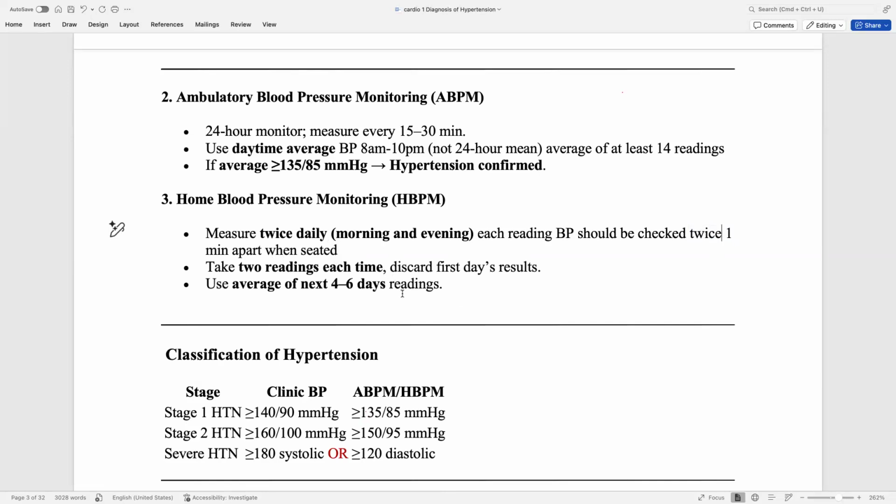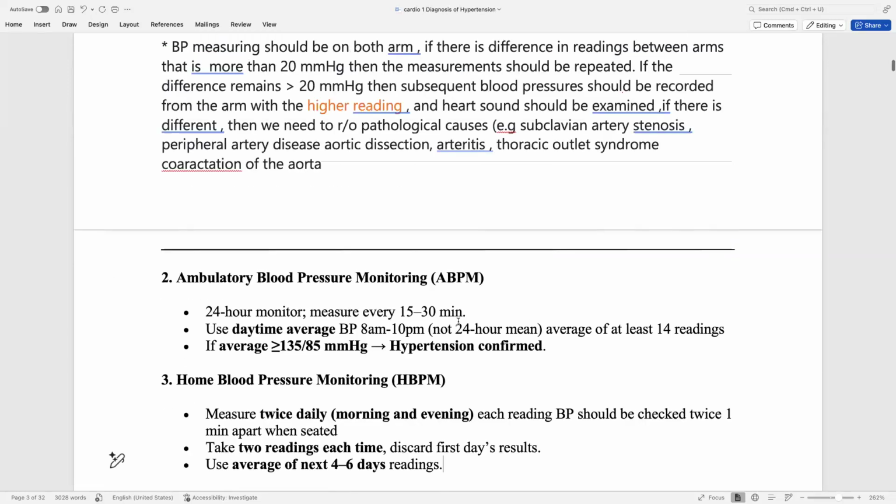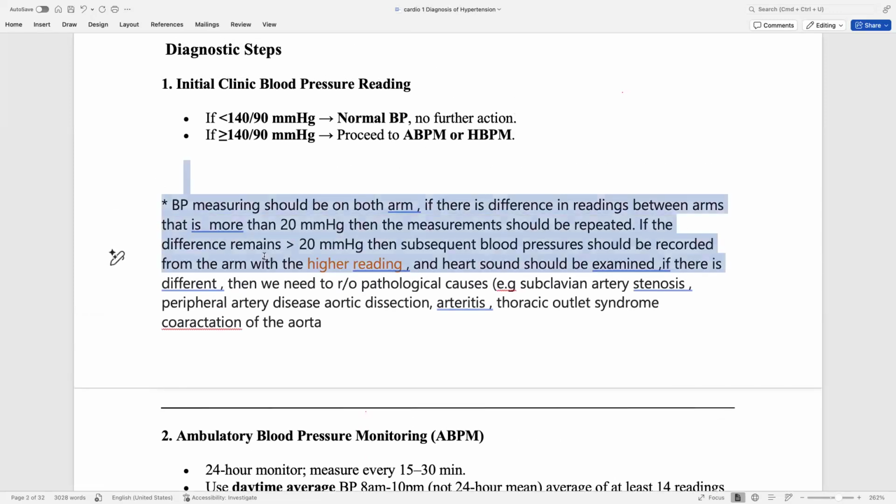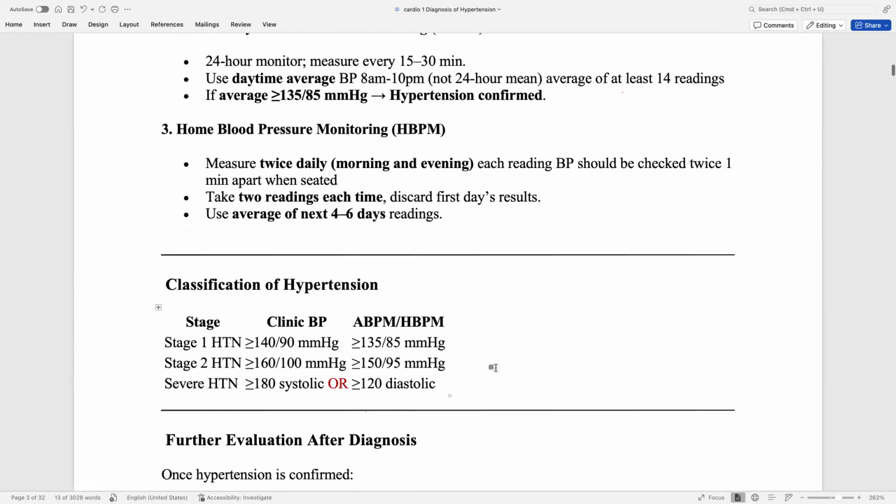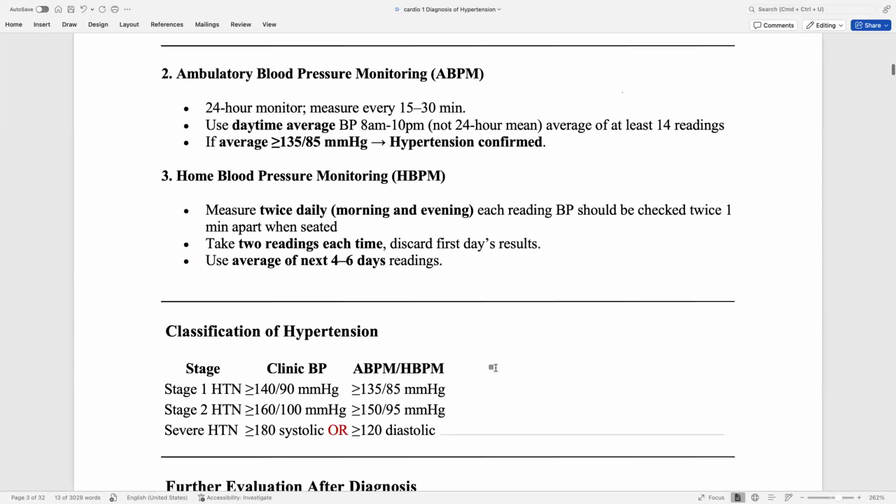The patient will measure the blood pressure while we apply all of the above. Should be seated, calm, quiet, not smoking, not talking. He should check the blood pressure and record it and repeat it one minute apart. Okay, two readings at a time.